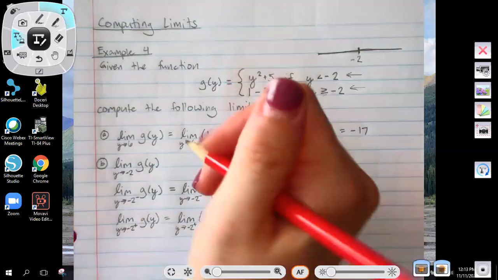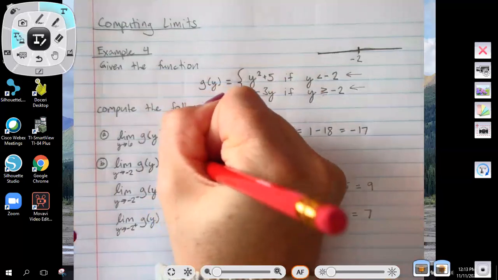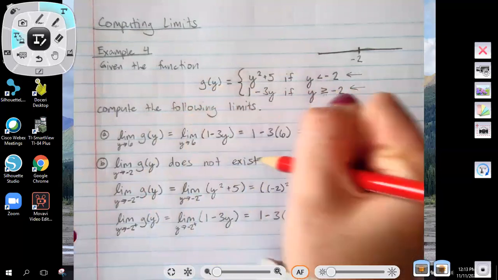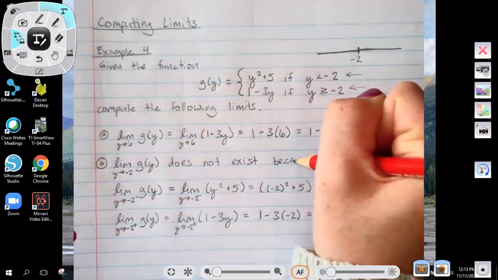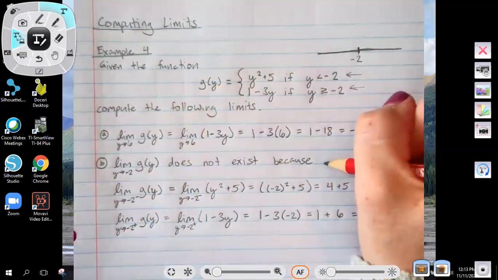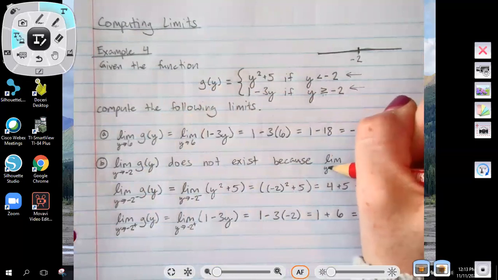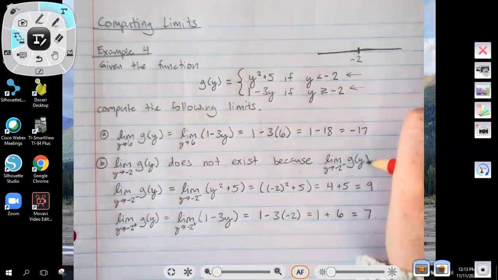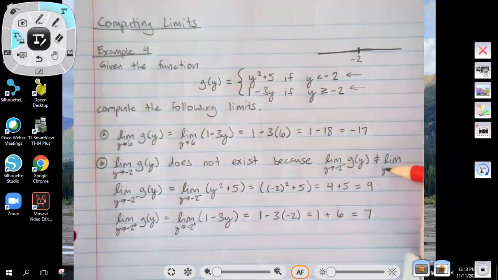So for that reason, the normal limit does not exist, because the limit as y approaches -2 from the left of g of y does not equal the limit as y approaches -2 from the right of g of y.